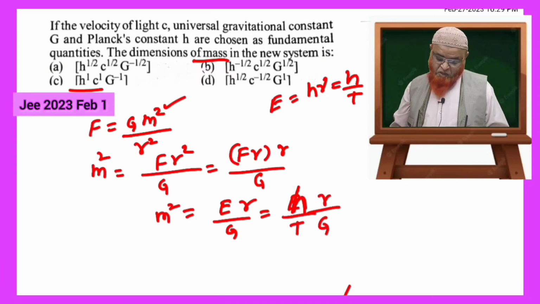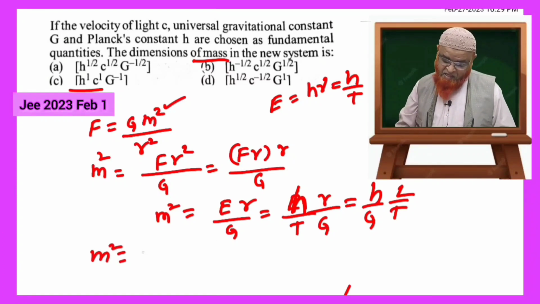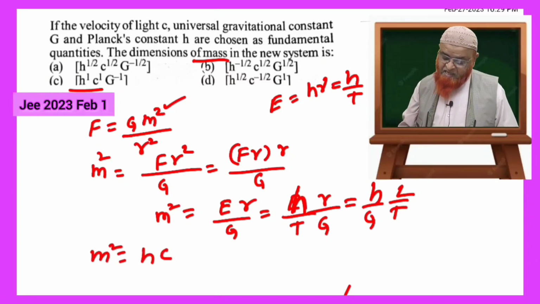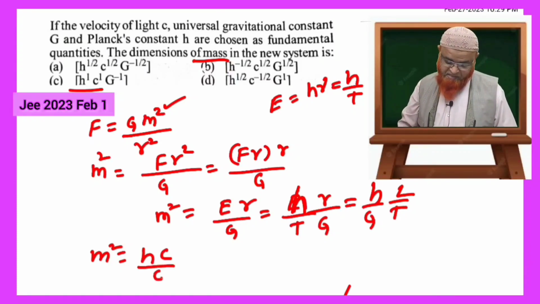Now you take h by G into r by t. r means length, so length by t here. So we can write this as m square is equal to h by G into c, since displacement by time is nothing but velocity, the velocity of light, by G here.